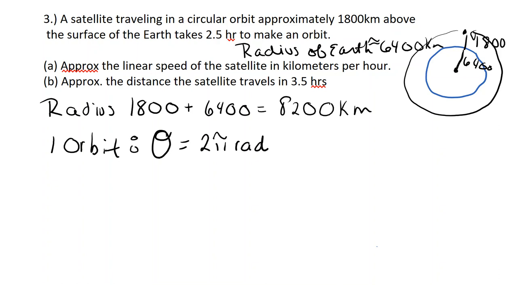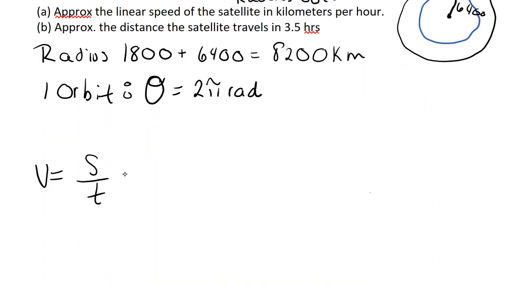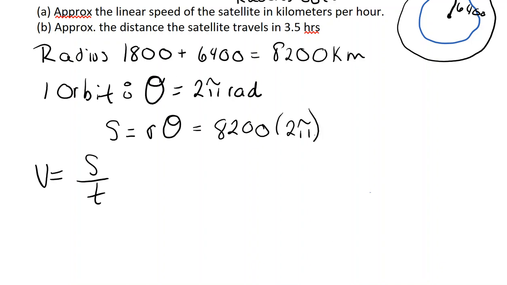So then if we want to know the linear speed, we'll use the formula velocity equals arc length over time, but we need to know the arc length, which is the circumference, and we calculate that by arc length equals radius times the angle. So that's going to be 8,200 times 2 pi. And again, that's the circumference around with that orbit.